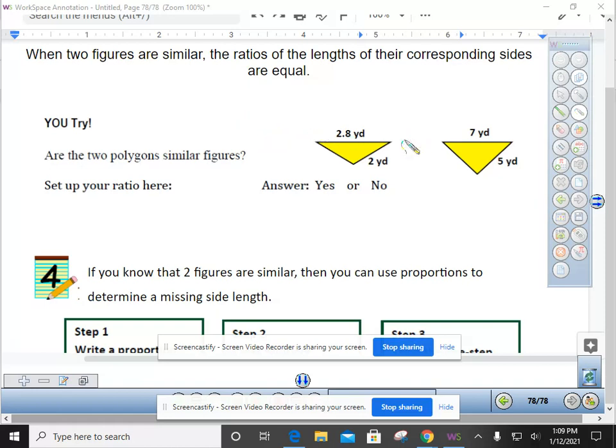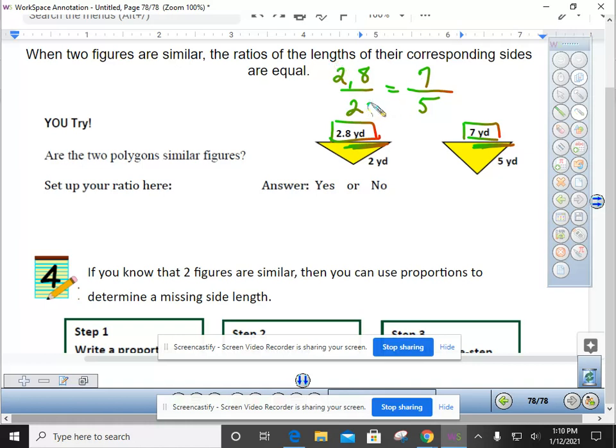Okay, so we're going to figure out if these are similar. Basically here is our fraction line. Does everybody see this here? So you could do 2.8 over 2 equals 7 over 5. So they're the corresponding sides. This one goes with this one, right? So we have them together. So we would just cross multiply and see if we get the same.